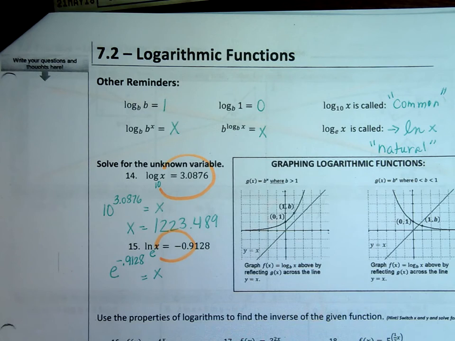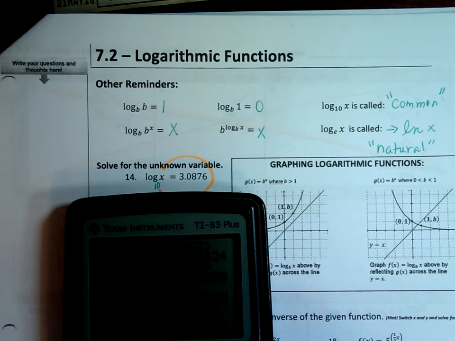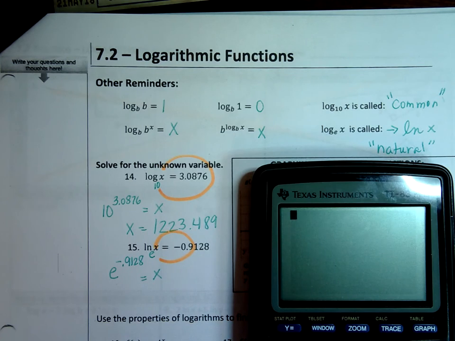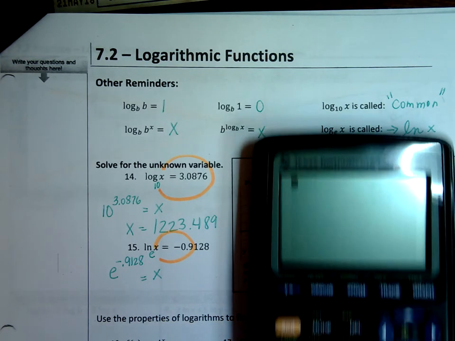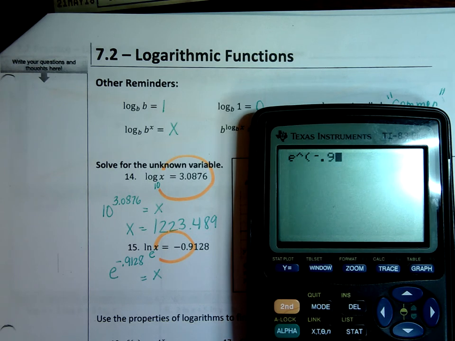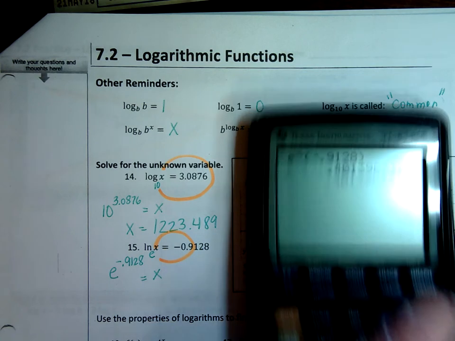Do you remember where e is? I think most of you are using the blue calculator. So again, you're going to second PRB. For me, it is second and then the ln button. And again, if you can't find these things on your calculator, we can chat in class. So there I go, e to the negative 0.9128, and I get an answer of 0.401.